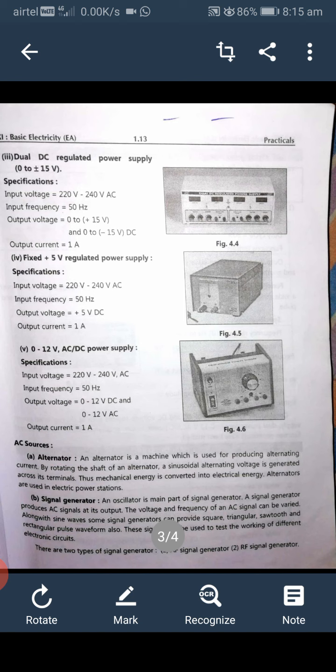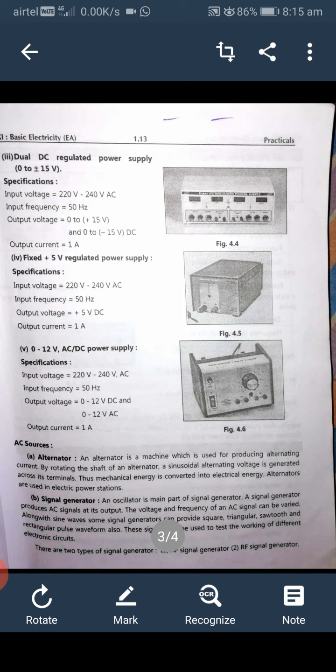Thus, mechanical energy is converted into electrical energy. Alternators are used in electric power stations.